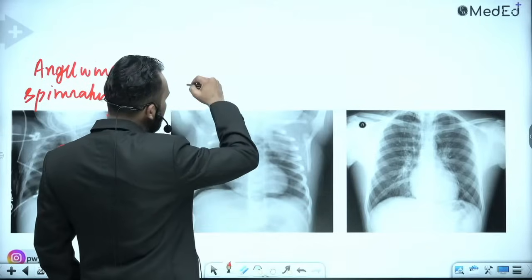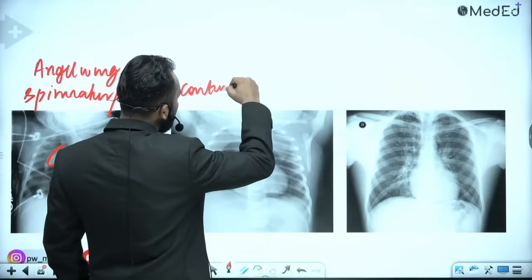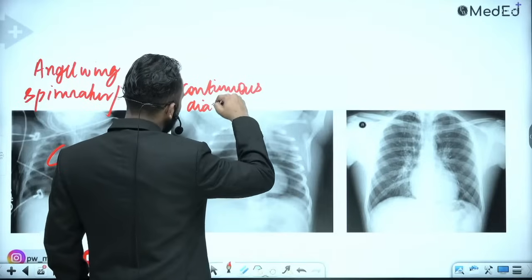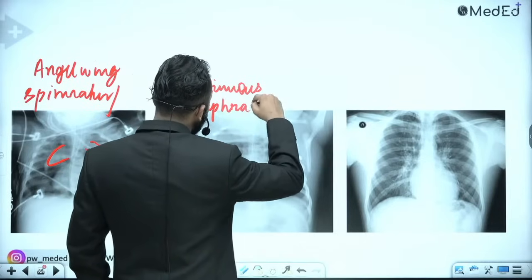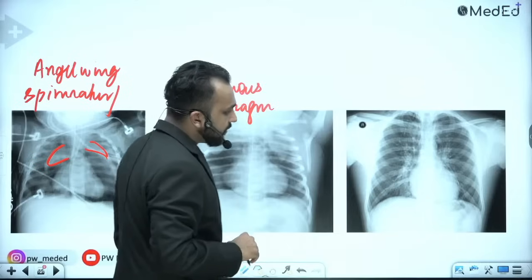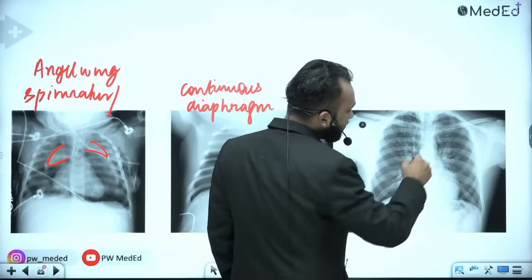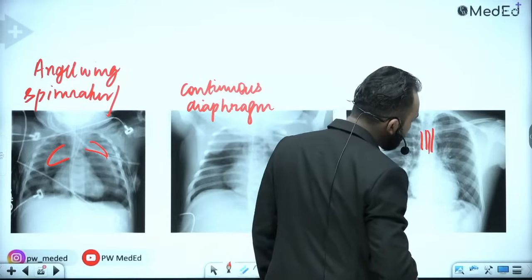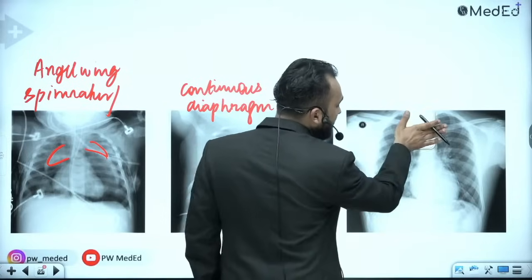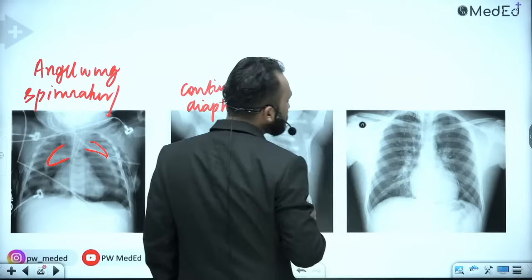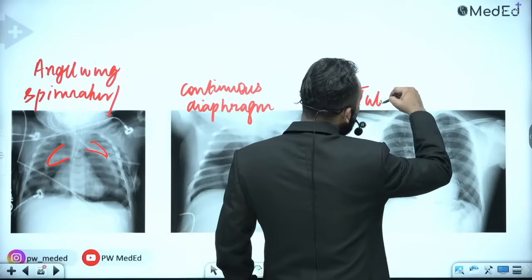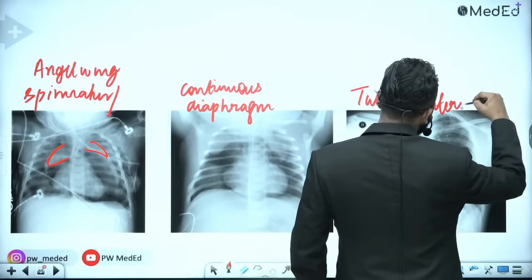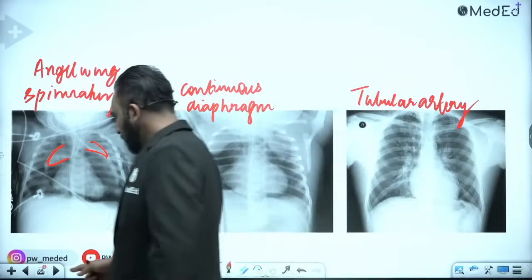This is the continuous diaphragm sign. In the third image, we can see radiolucencies lining the branches of the arch of aorta, and this is known as tubular artery sign. Just remember these named signs of pneumomediastinum.